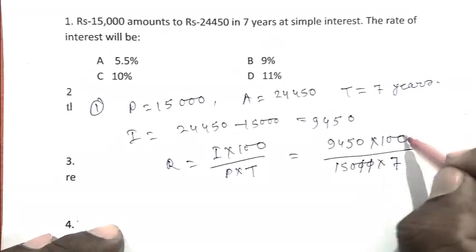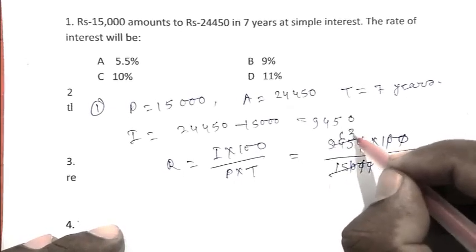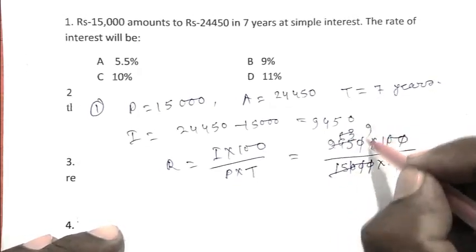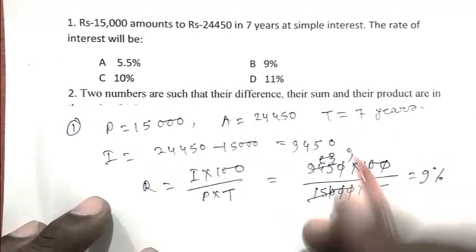So 9% is the right answer. B is the right answer.